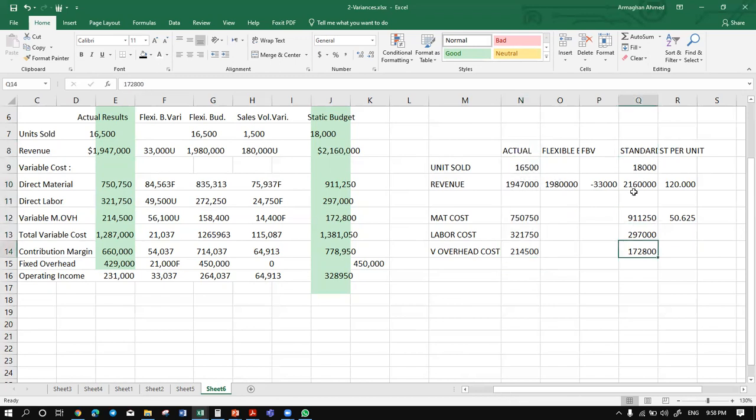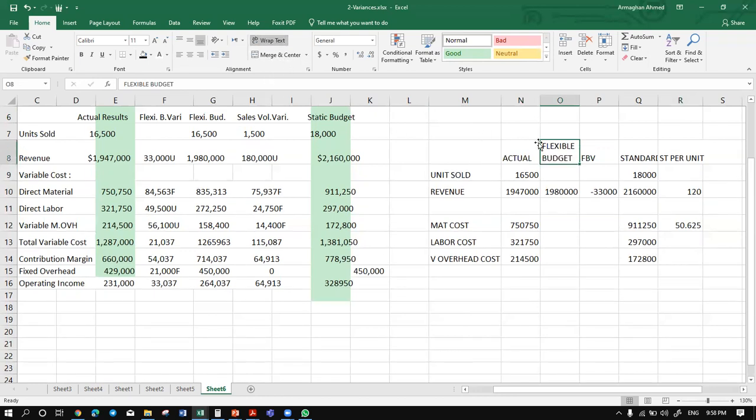So the first thing we have to find out is standard cost per unit. 2160 divided by 18,000 is coming 120. So if you want to calculate flexible budget variance, what should I do?